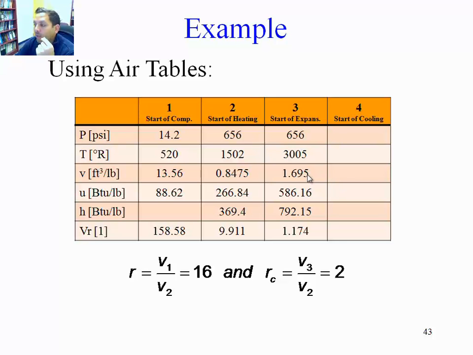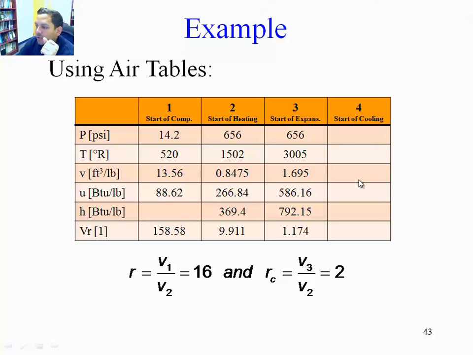We know that the volume from 3 goes to the volume of 4 by R over RC, or basically the volume of 4 will be exactly the same as the volume of 1 because the process from 4 to 1 is isometric. So the volume at 4 will be 13.56, which is exactly 8 times the volume at 3. Remember, the volume from 2 to 3 doubled, and now the volume from 3 to 4 is going to go up 8 times. So the volume at 4 is 13.56.